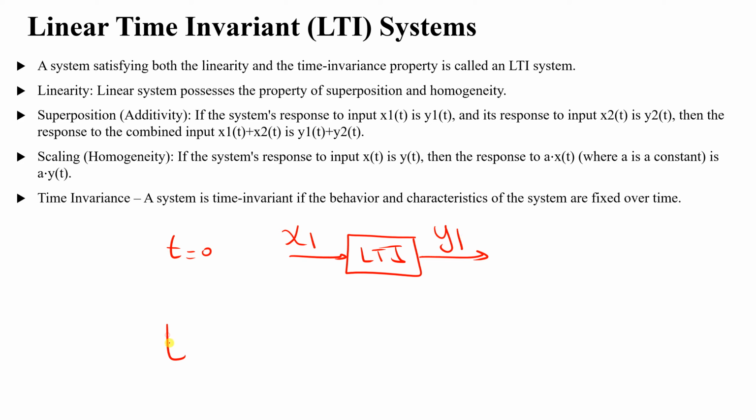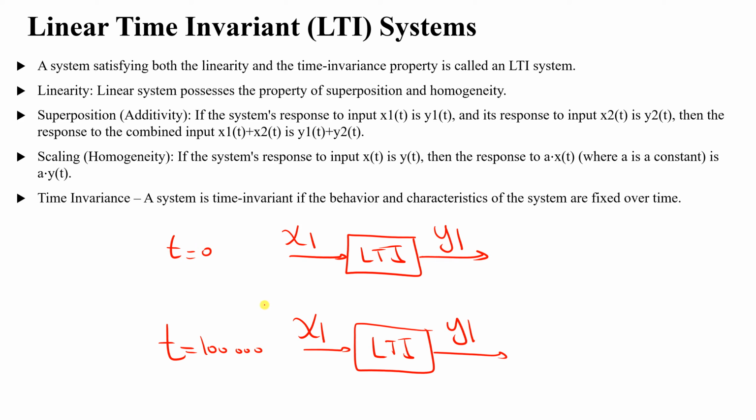At a time equal to 100,000, after a very long time, if I give the same LTI system the same input, it will give me exactly the same output y1. This is called time invariance. It doesn't change with time. Its behavior and characteristics are fixed.